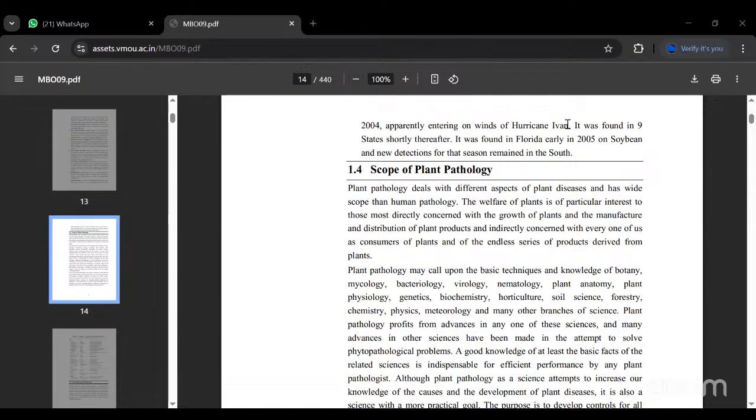A good knowledge, at least of the basics, is the most important.